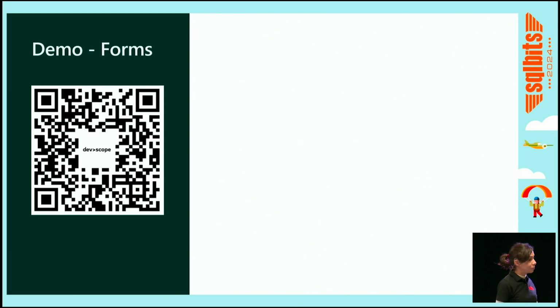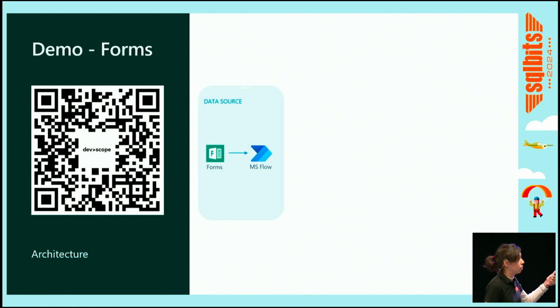So while you do that, I'll just dig into the architecture and explain a little bit of what you're trying to achieve. So first, you have our form that you're answering right now, and connected to it, we have a Microsoft Flow that's going to take all your answers, and every time you answer it, it will send that data to an event hub that we already set up.